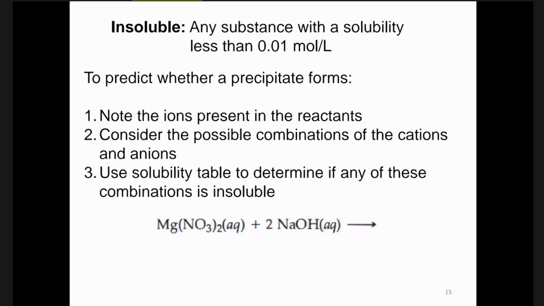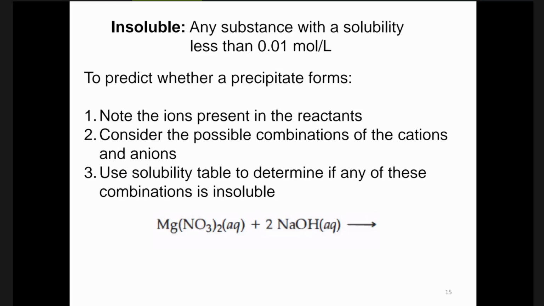So to predict whether a precipitate is formed, we note the ions present in the reactants. We consider the possible combinations of the cation and anion, and you use the solubility table to determine if any of the combinations is insoluble.